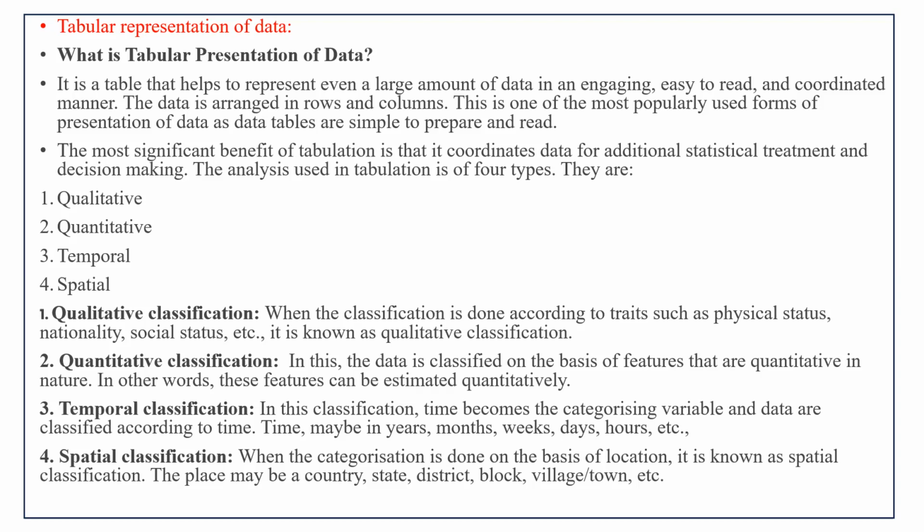Most of the time, whenever the data is tabulated, you can present the data statistically, which is more accurate, more correct. And the analysis used in tabulation has 4 types: qualitative, quantitative, temporal, and spatial.